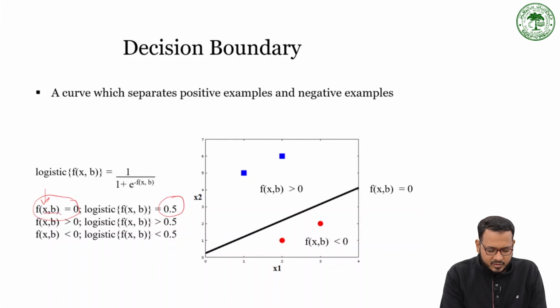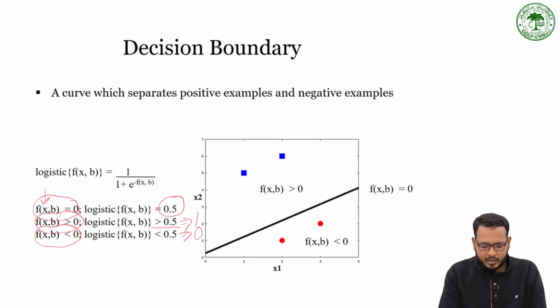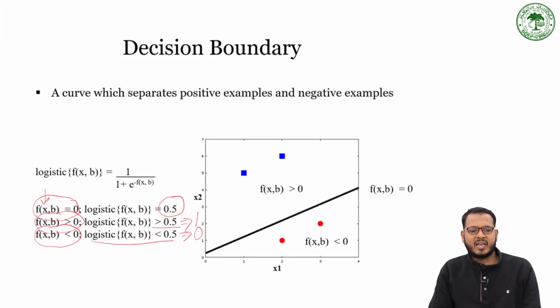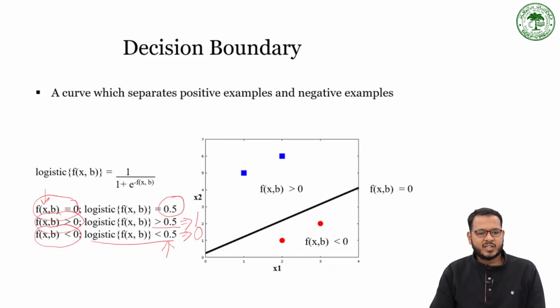If it is greater than 0, it also means that the logistic value is greater than 0.5, and it corresponds usually to class 1. And when the value of f(x;b) is less than 0, it corresponds to class 0 and the corresponding logistic value is less than 0.5. It is important to note here that 0.5 is called a threshold value.